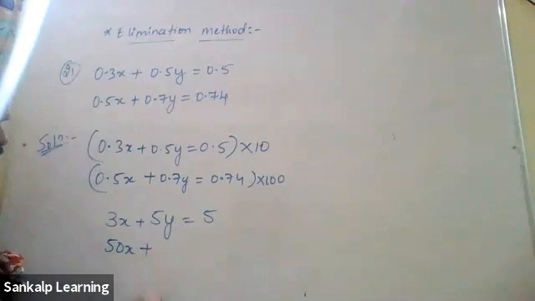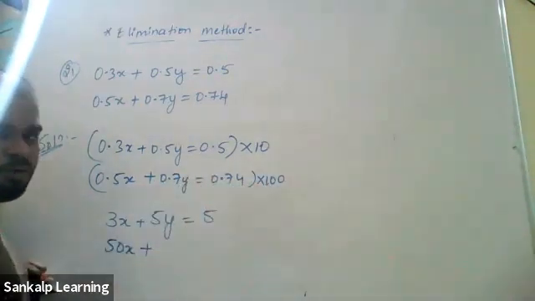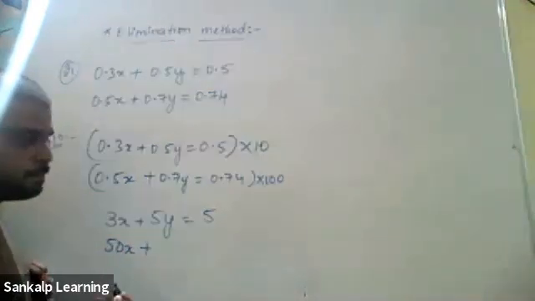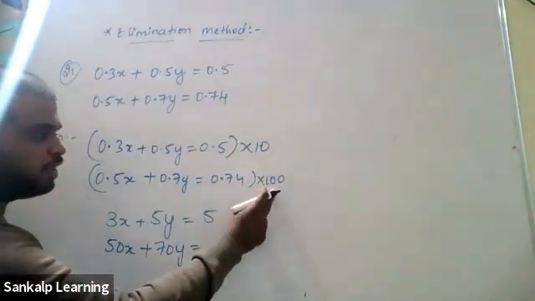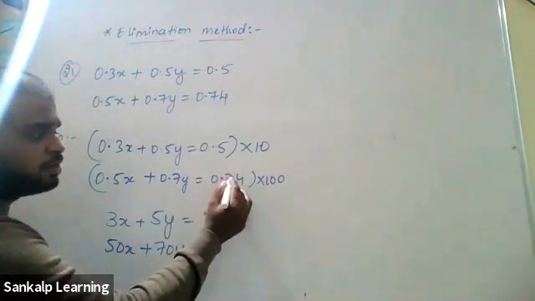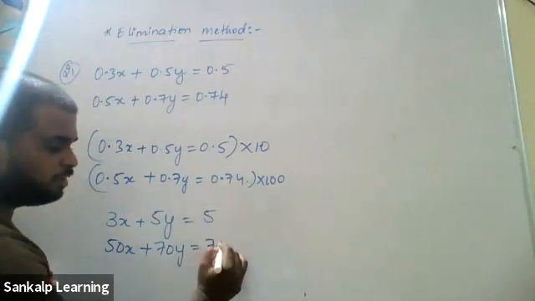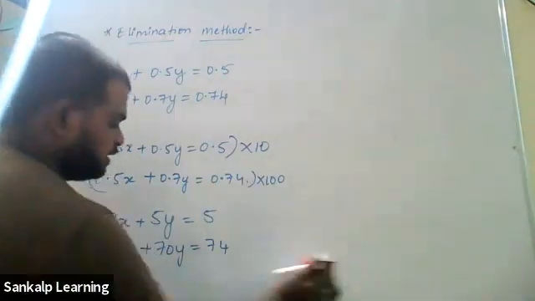50x plus, I want Neha to tell me 0.7 into 100 will be what, Neha? Sir, I guess 70. You're very good. 70y. 0.74 into 100 is not 740, you have to shift 2 times. So it is 74.0, we'll simply write it as 74.